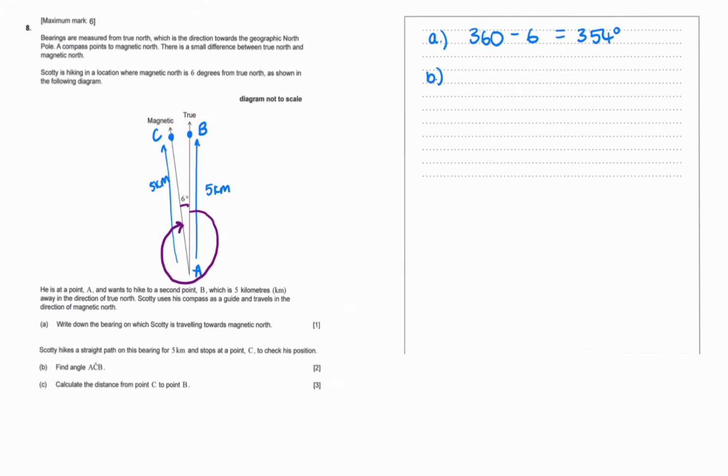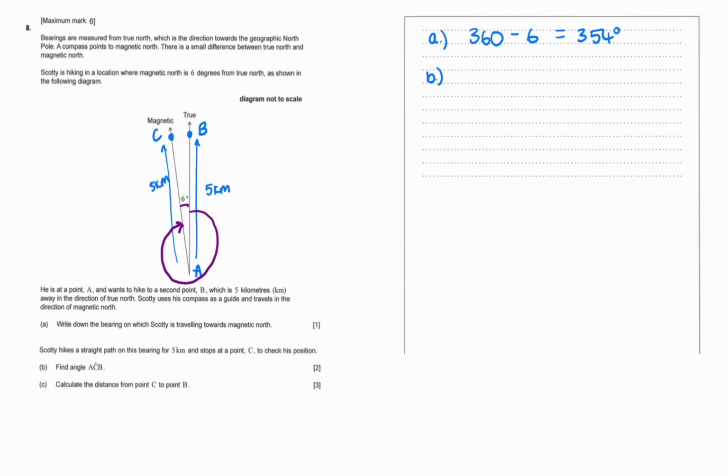And then for part B, we're told that if they're hiking 5 kilometers to point C, which we've already drawn, then I need to find the angle of A to C to B. So I'm just going to draw what this looks like as a separate triangle.